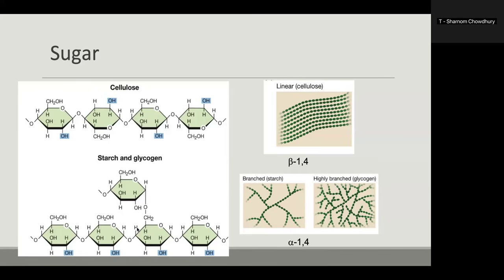However, as we mentioned before, different linkages can have different effects, and the structure can change the function. As you see here, cellulose is very linear, in a straight line. However, starch and glycogen have different linkages such that it creates branches, and these branches change the structure, which ultimately changes the function.